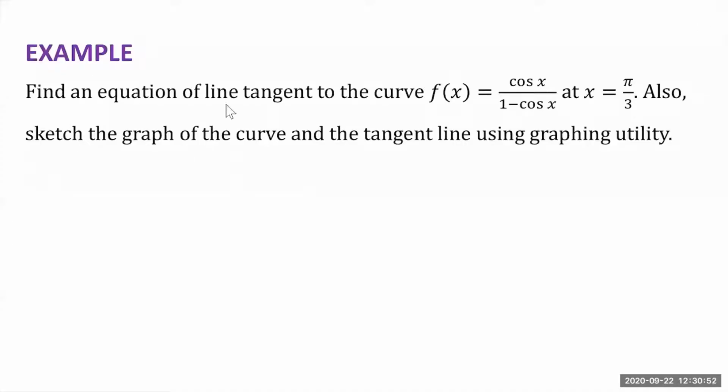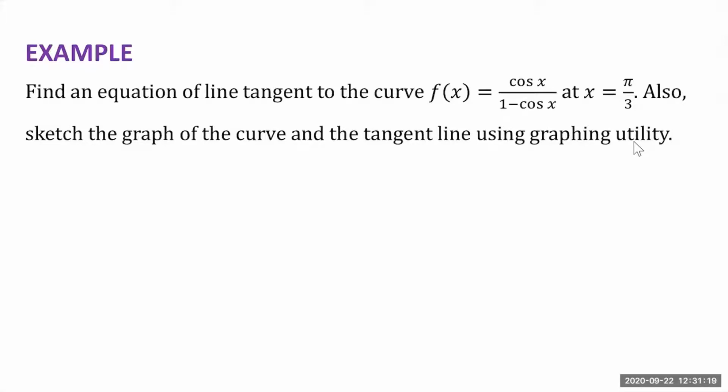Example: find an equation of the line tangent to the curve f of x equal to cosine x over 1 minus cosine x at x equal to pi over 3. We are also asked to sketch the graph of this function and the tangent line together. So let me sketch the lines here.